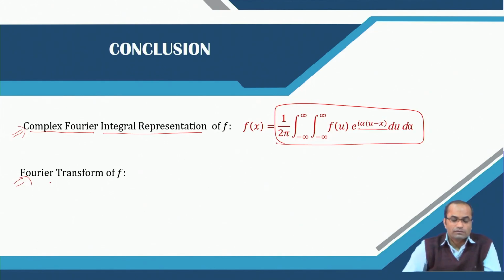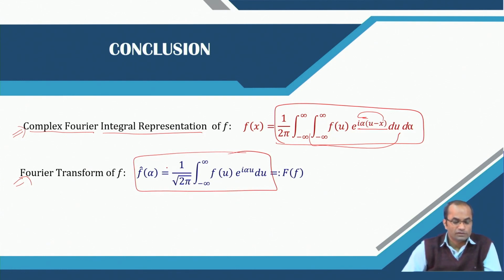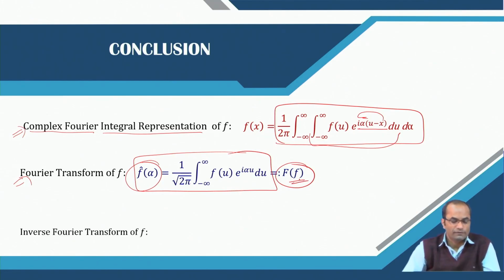From this representation we introduced the so-called Fourier transform of f: the inner integral with respect to u, taking e^(iαx) out, is what we call the Fourier transform of f, normally denoted f hat of α, because it is a function of α, using the notation big F of small f. So, the Fourier transform of f.